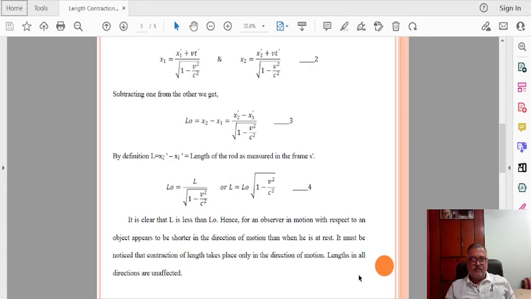This is a consequence of relativity: when a system is in motion, we get the contraction in length along the direction of motion. This is nothing but the length contraction as per the theory of relativity.